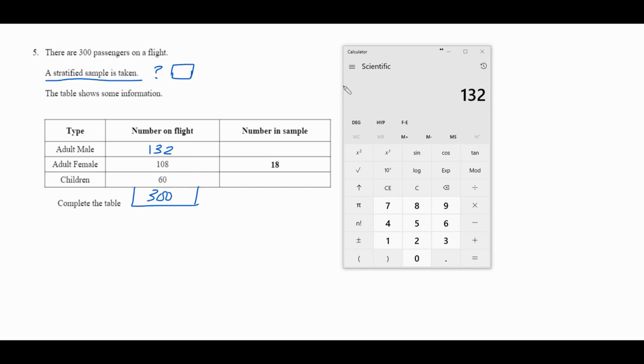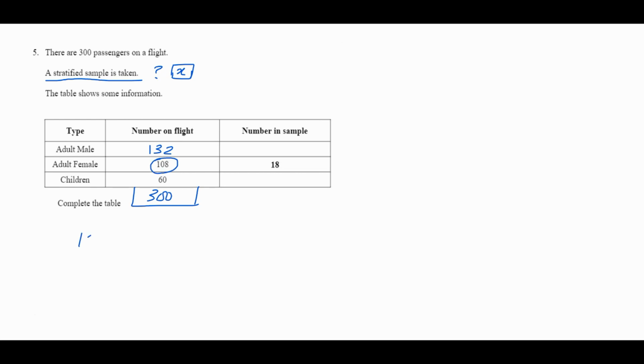So if the sample size is X, how can we do a calculation for 108? What we normally do is 108 divide by 300, isn't it? 108 divide by 300 times the sample size, right? And that gives nearly 18, right?